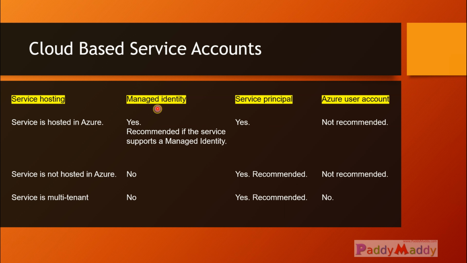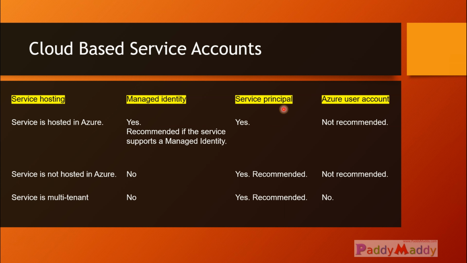That's why it's recommended. With this method, you do not have a password, and it will by default trust that virtual machine, if you have granted access, using Microsoft Entra in the backend.